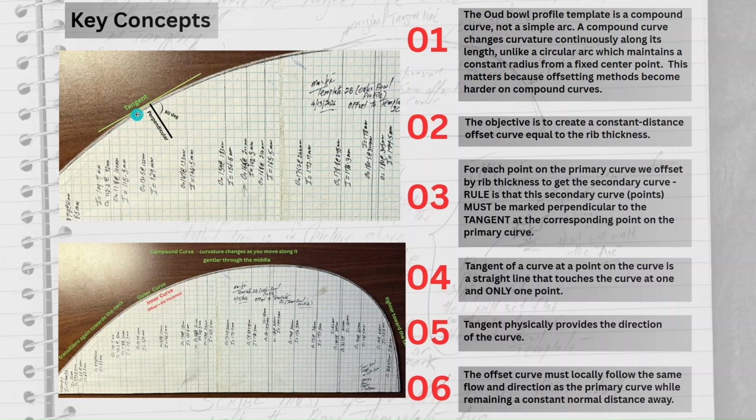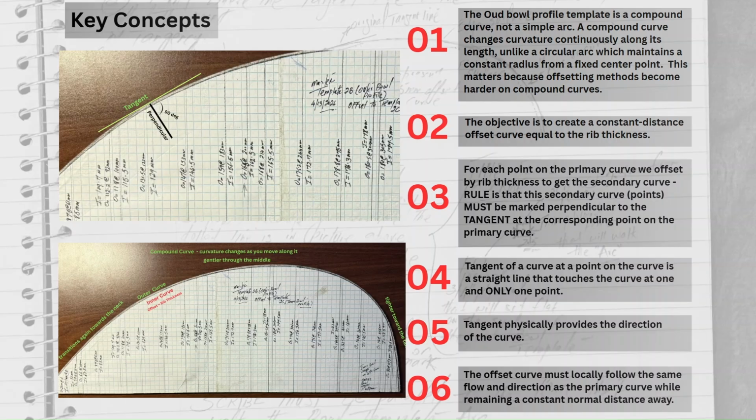So if I draw a tangent line, and again it's at a local point, and a perpendicular at that local point, perpendicular to the tangent, and I measure 2.5 millimeter, the rib thickness, on this perpendicular line, that would give me that offset. And that is the key concept.